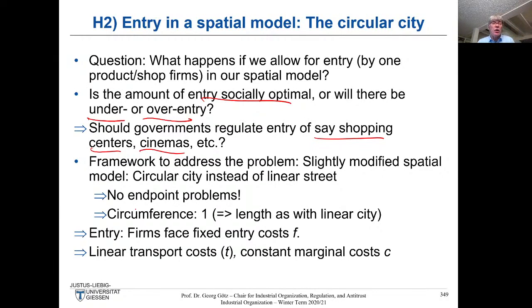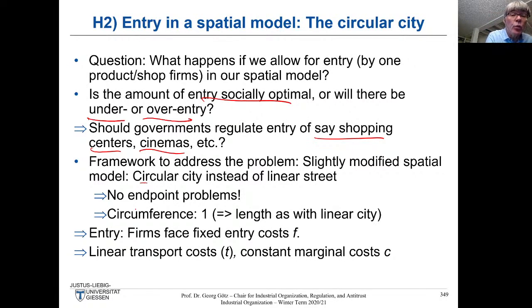When I was teaching this course in Vienna, I think there were 10 new cineplexes built all over Vienna. 2 or 3 of them went bankrupt right away. And the question is, will the market lead to an efficient amount of entry here? Or will there be over entry or insufficient entry?